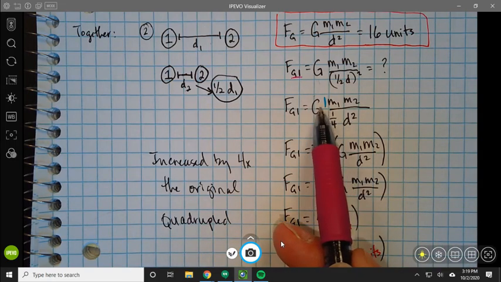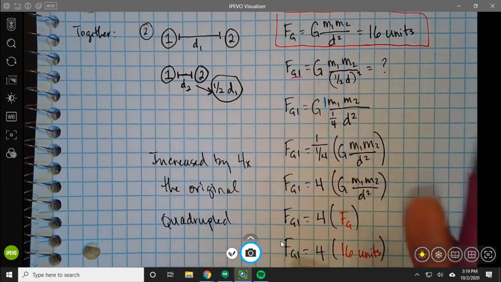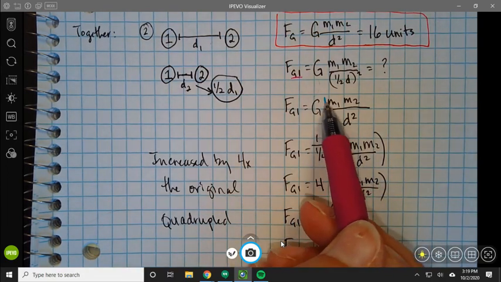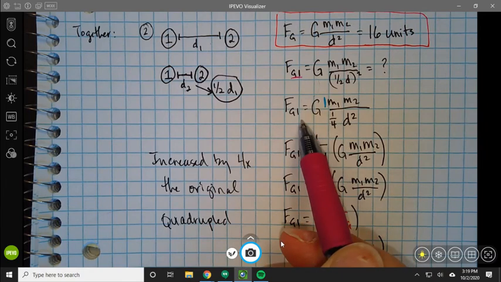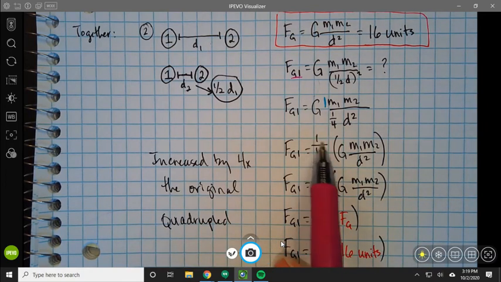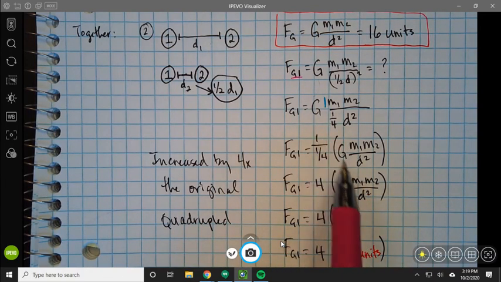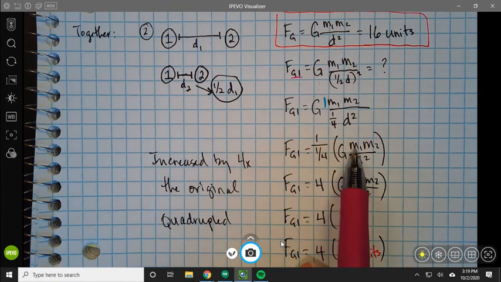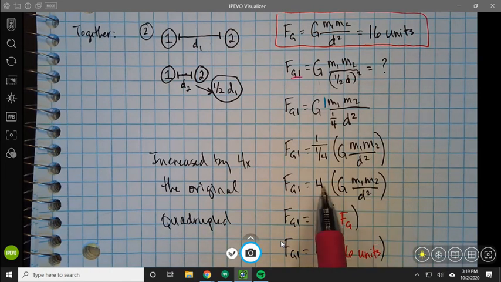So just like I did on the back of this page when I showed you what we were doing, I can pull that 1 to the front. I can pull that 1/4 to the front. And so I have 1 from the numerator, I have 1/4 from the denominator. I can make a fraction here, times G times m1 m2 over d squared. Here, I went ahead and did an old school trick.